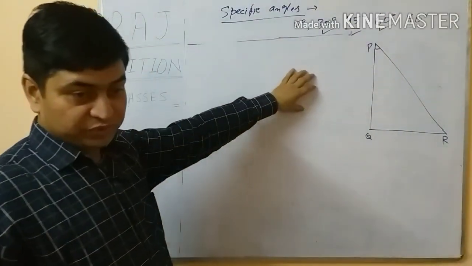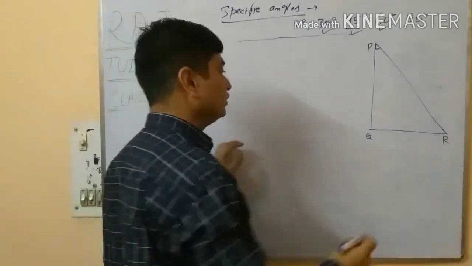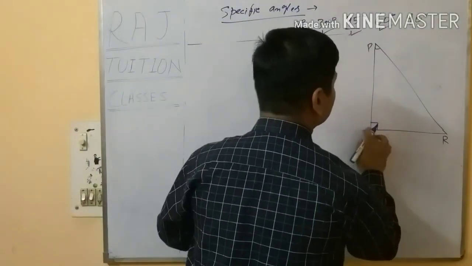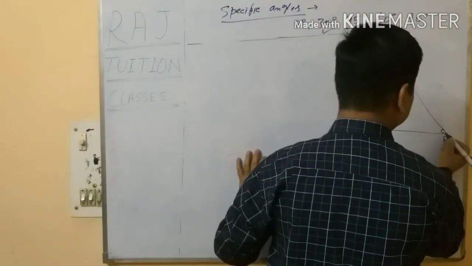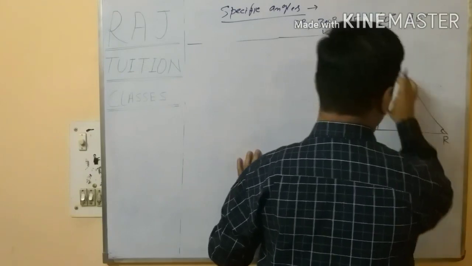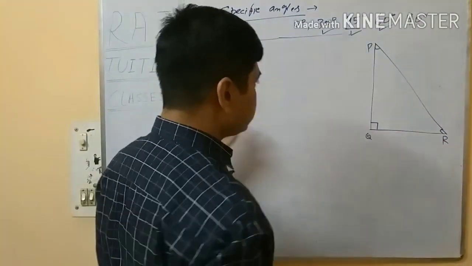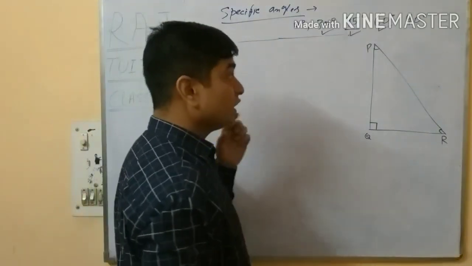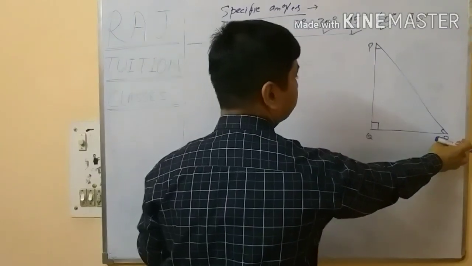You are getting bored with ABC. So PQR, if it is a triangle right angled at Q or anywhere, these angles are acute angles, angle P and angle R. So for which angles we define the value of functions, either we will define for P or we will define for R.